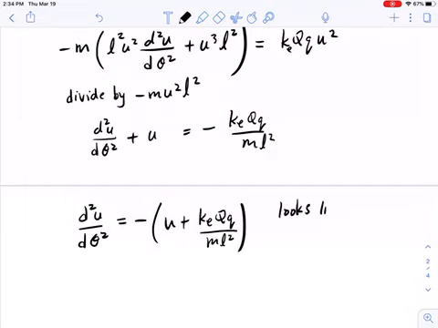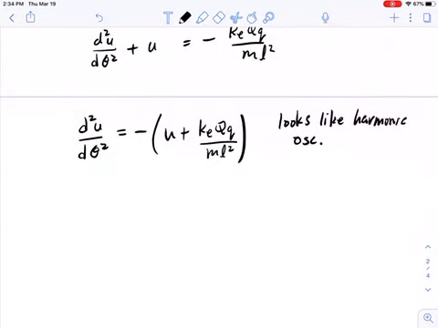This looks like the harmonic oscillator. Again, this is exactly what we did last time.